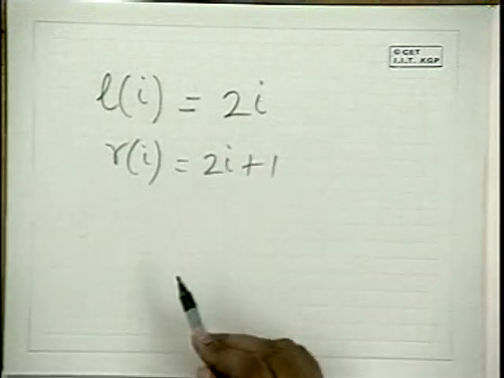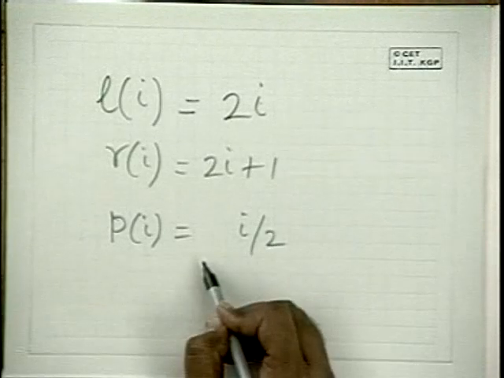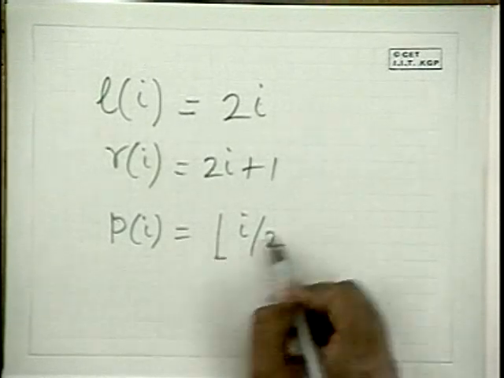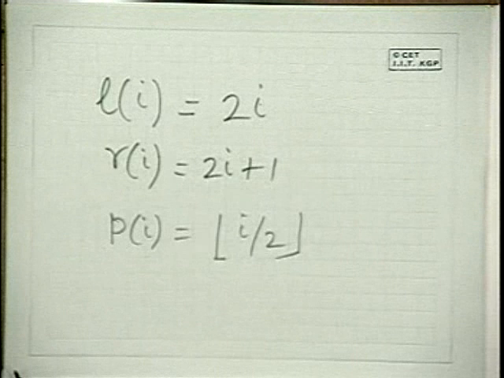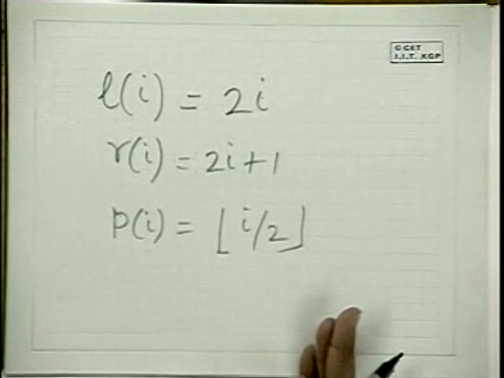And from these two formulas, Pi follows, which is floor of I by 2. This is the notation for floor. Floor means the greatest integer which is less than or equal to I by 2. Okay, so this is the formula.